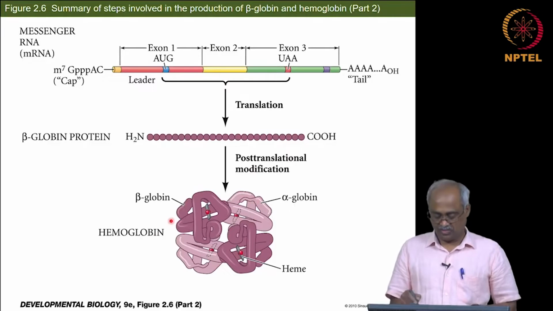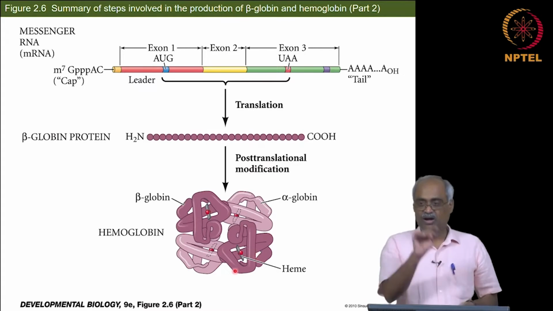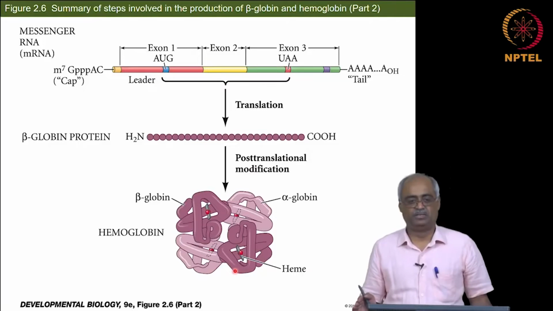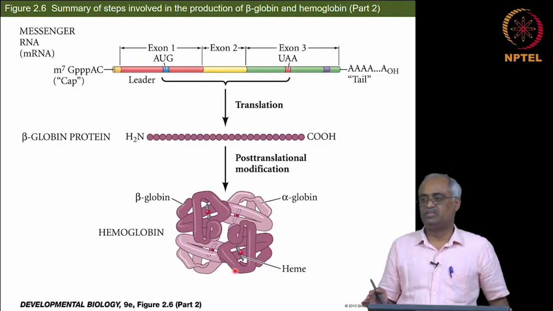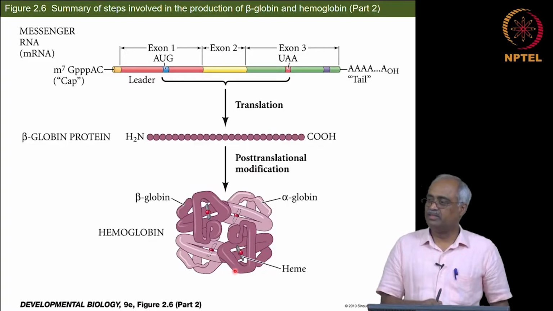So beta globin, alpha globin, 2 each come together to make the functional molecule. So all these steps put together is what you call as gene expression. Okay. So, do not assume only transcription is gene expression and this is something like protein level. The whole thing is gene expression.